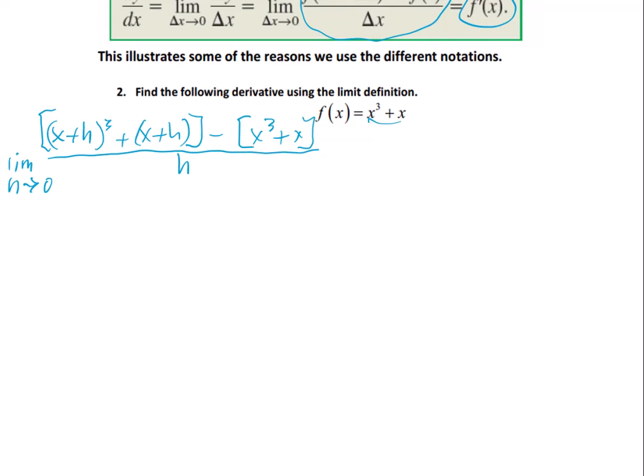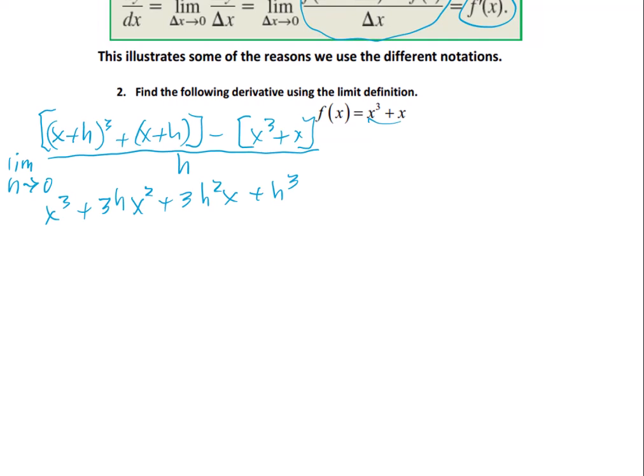Okay, let's do some multiplying here. So I'm going to cube x plus h. When I do, I'm going to get x cubed plus 3hx squared plus 3h squared x plus h cubed.